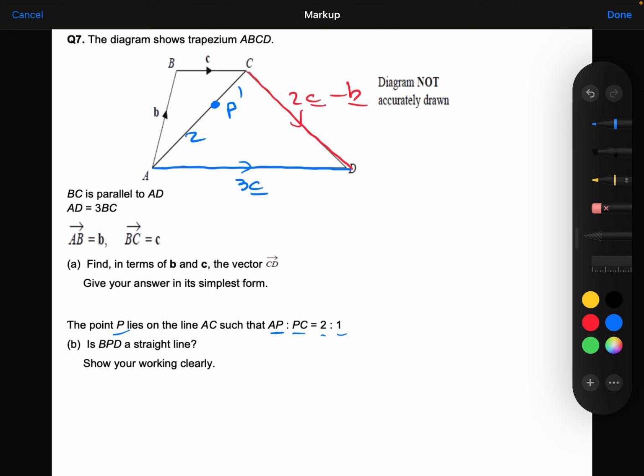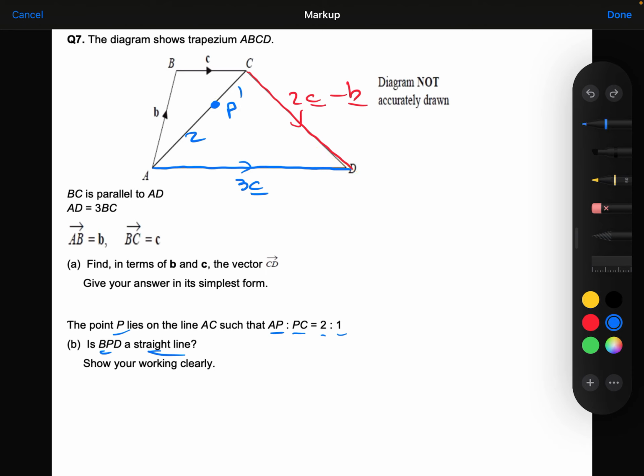And the question's asking us, is BPD a straight line? Is this a straight line? That's what we need to figure out.